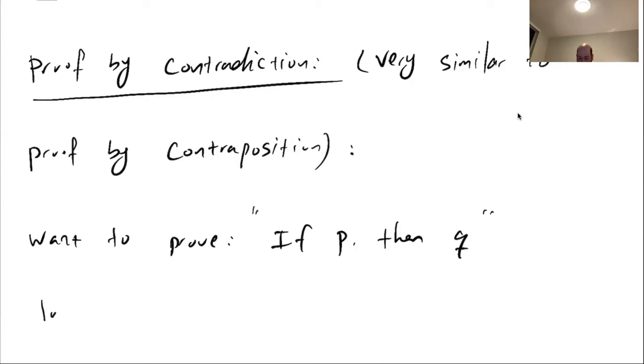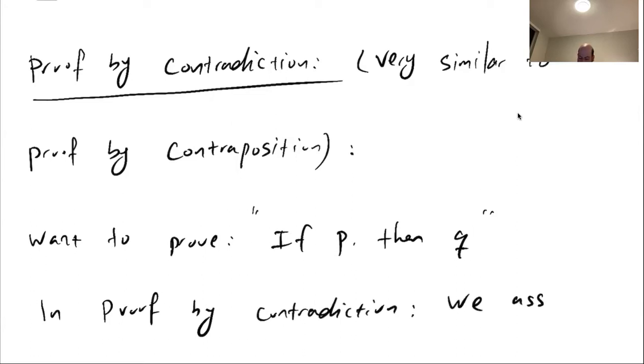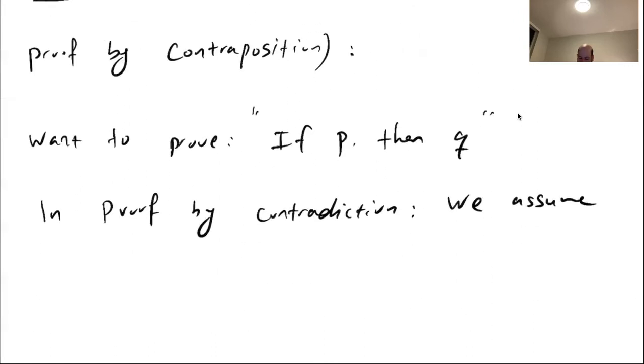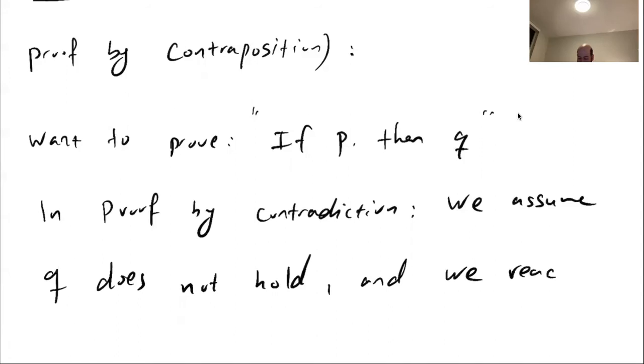So in proof by contradiction, we assume Q does not hold and we reach a contradiction.